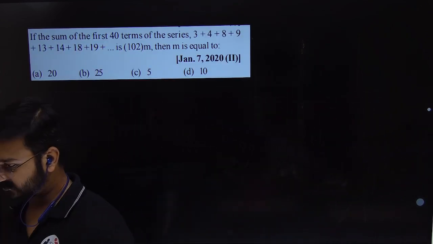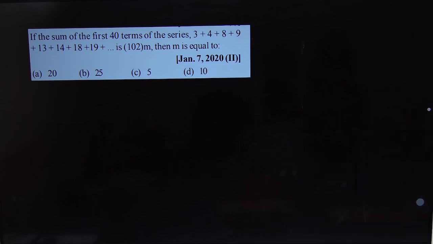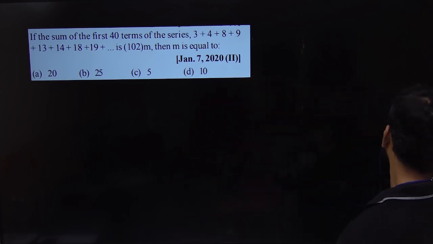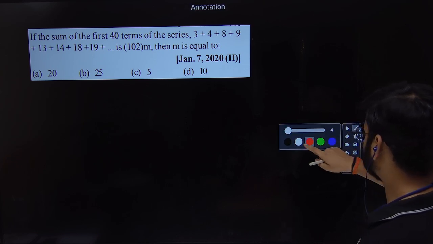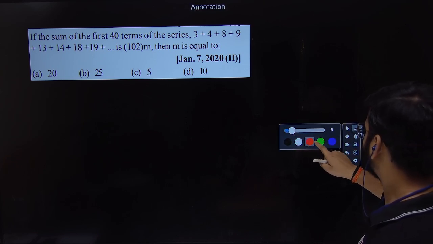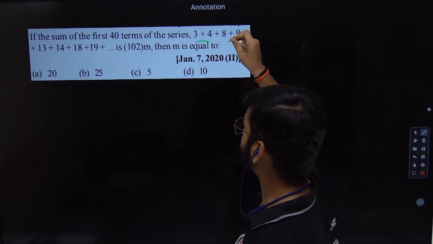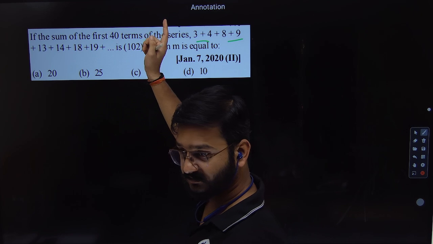All of you copy the next question fast. I will give the hint in this. Club two terms and then solve. You will get the answer. 3 plus 4 is 7. 8 plus 9, how much? 17.